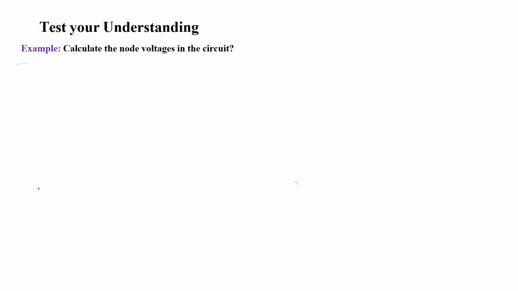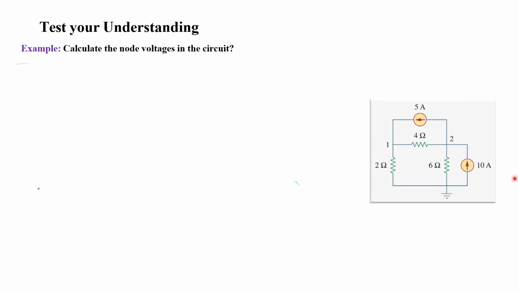As an example, we are going to calculate the node voltages in the given circuit. This is the ground node, this one is node number 1 and this one is node number 2.